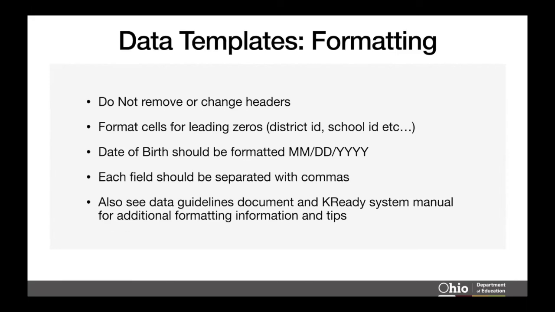So it would be, if it were this year, 2021. So it's really critical that the templates are formatted correctly. They use comma separated values, again, CSV, and that is why it's important that the system be able to read that correctly. The data guidelines document can walk you through some additional information with regards to formatting and provide you with some tips there as well.